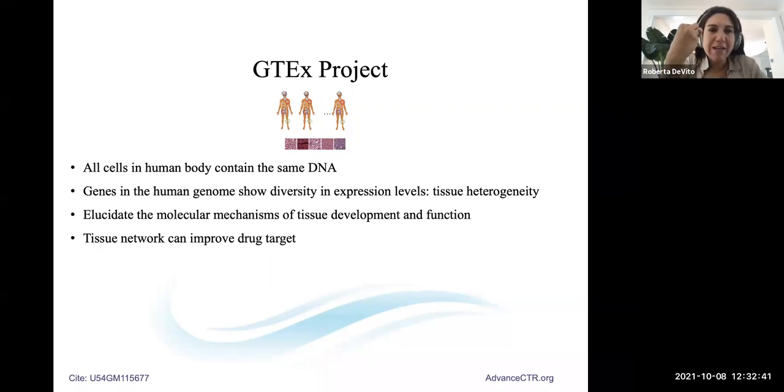This is of course really challenging, because what we are considering is different tissues, and genes can show diversity in expression level, revealing important tissue heterogeneity. And this tissue heterogeneity can be really important for tissue development and the function of each tissue.